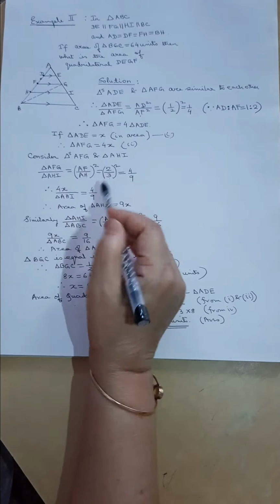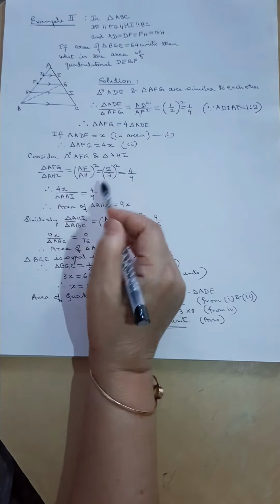Since we have ratio of areas of triangles is equal to ratio of the squares of the corresponding sides, 9x by triangle ABC is equal to 9 by 16, and we get triangle ABC is equal to 16x. Now triangle BGC is equal in area to triangle ABG.